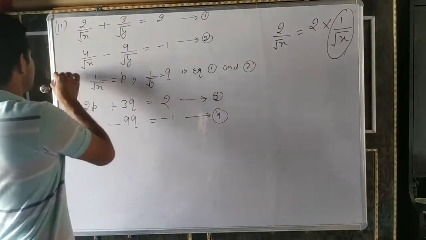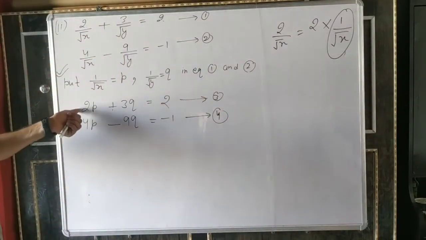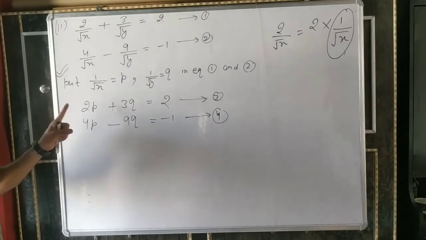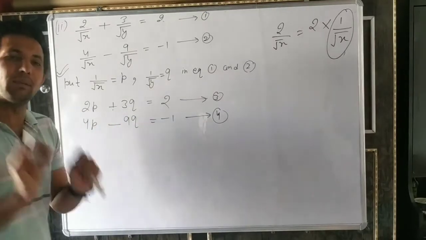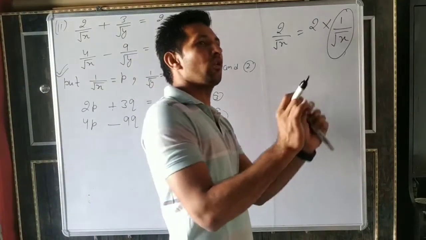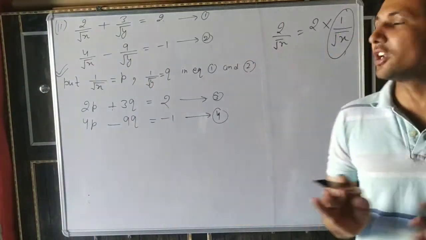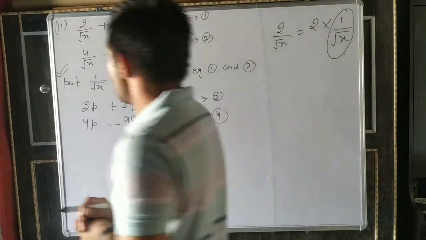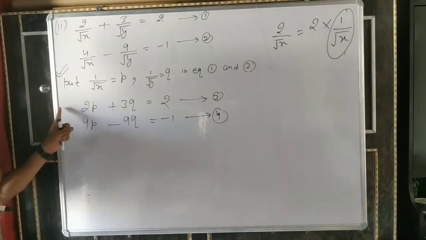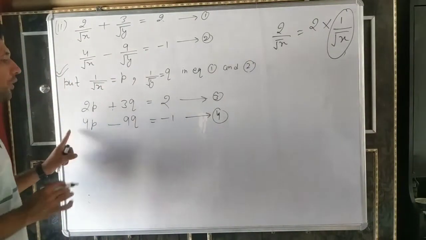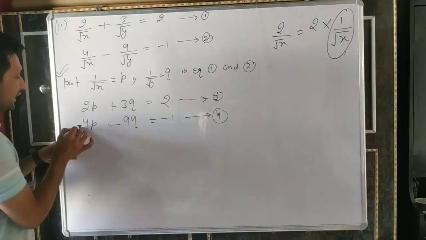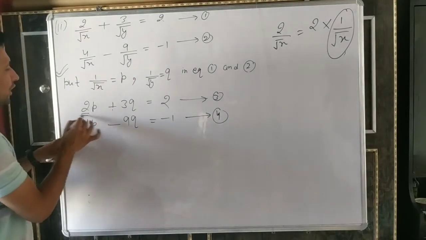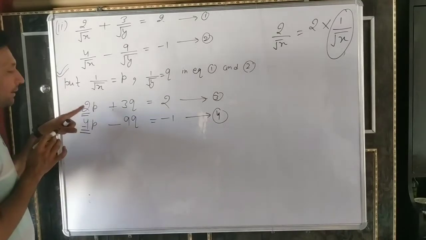Now we will find the value of p and q, and by which method? Any one method, by substitution, elimination or cross multiplication. If you want to use the elimination method, we will make the coefficients equal. We observe that the coefficient is 4 and here it is 2. So what number will you multiply by 2?